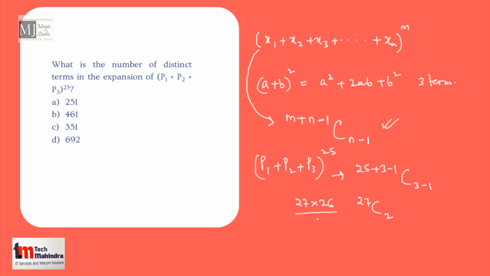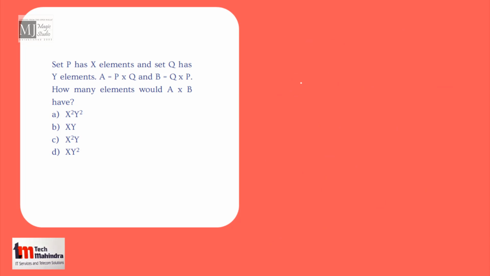How much would it be? 27 into 26 by 2, 27 into 13, so it would be 351. Yes, 351 distinct terms we can have in this expansion.